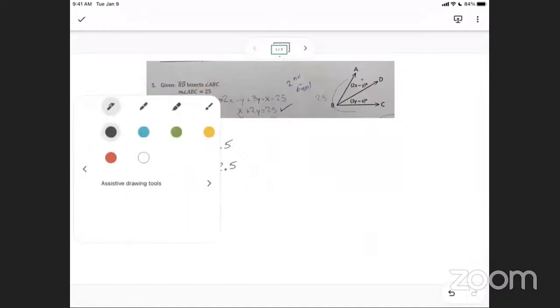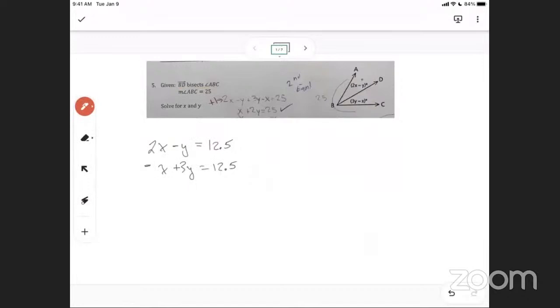Do you remember solving systems of equations? Remember what I have to do? So I'm going to multiply this equation by what to eliminate the x? 2. Perfect. So negative 2x plus 6y equals 25. Now let's add them straight down. The x's are gone. 5y equals 37.5. So what does y equal?